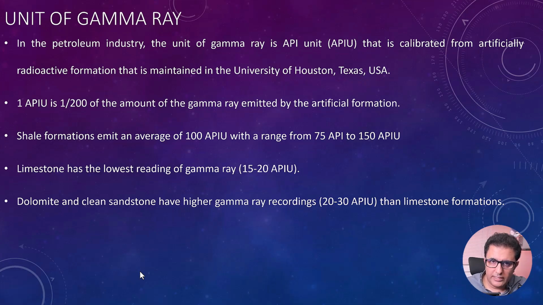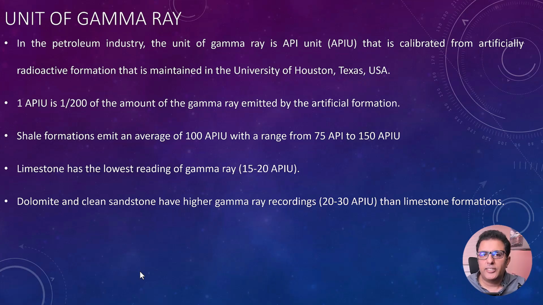In that facility, there is an artificial shale formation, and if we place gamma ray sensors close to that formation, the reading should be 200 API units. So one API unit is 1 over 200 of what we read in the vicinity of that artificial formation.